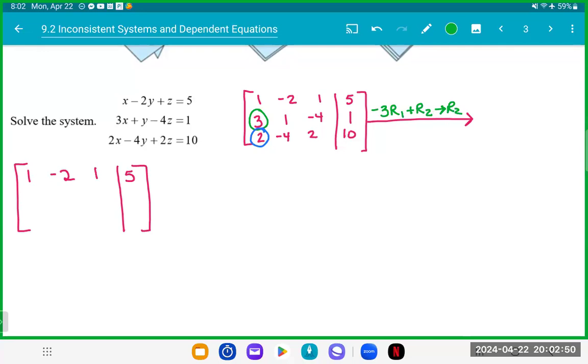So that's going to give me -3 times 1 plus 3. That gives me my 0. -3 times -2 plus 1 gives me 7. -3 times 1 plus -4 gives me -7. -3 times 5 is -15 plus 1 is -14.